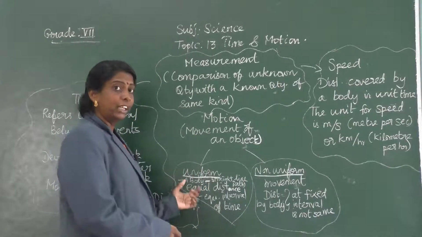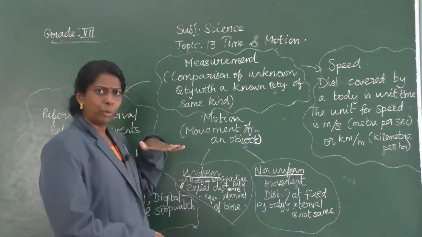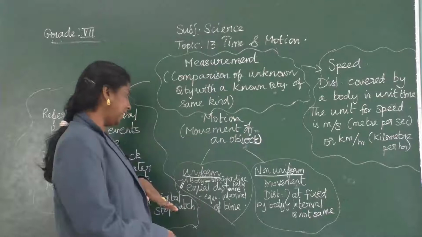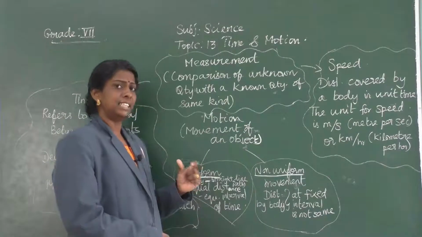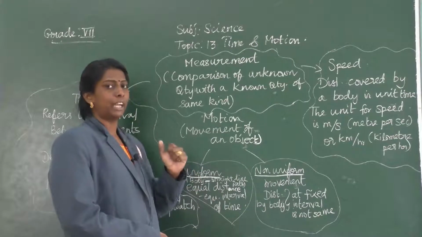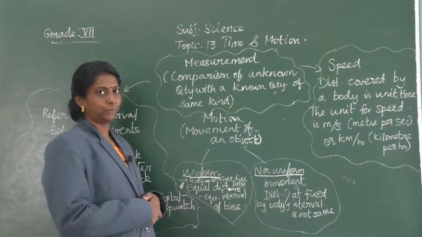So what do you mean by uniform motion? When a body moves in a straight line path and covers equal distance at equal interval of time, then it is said to be uniform motion.